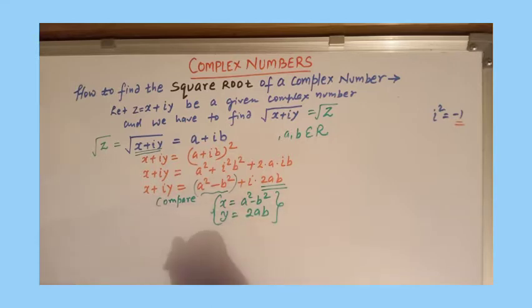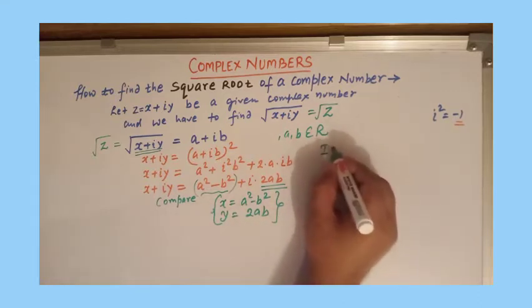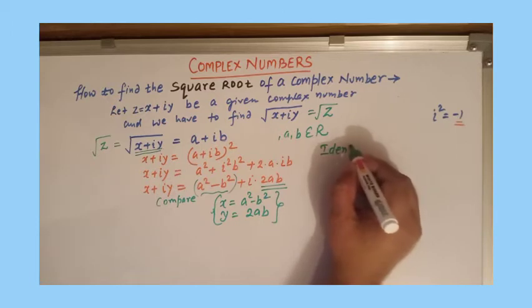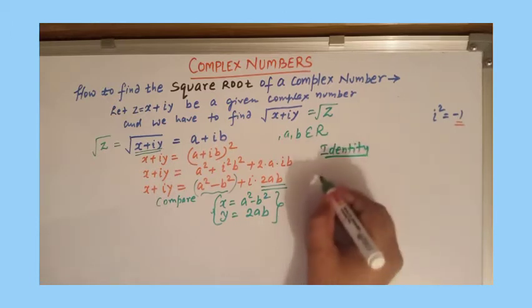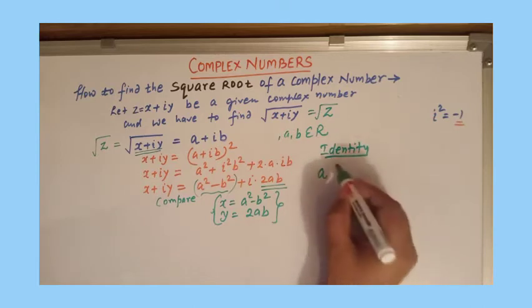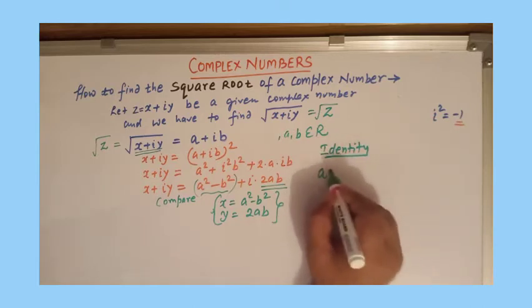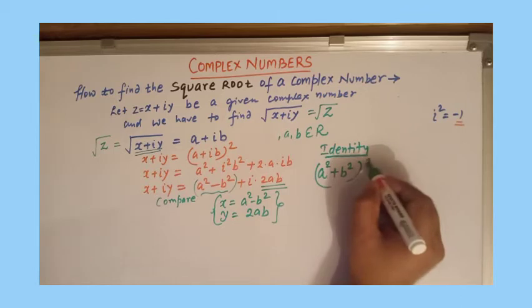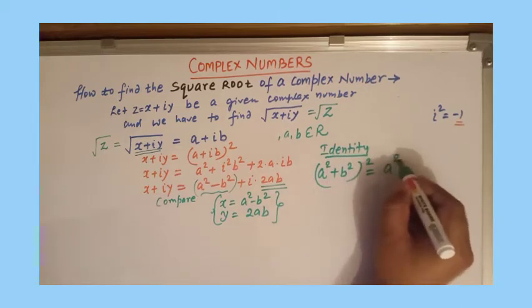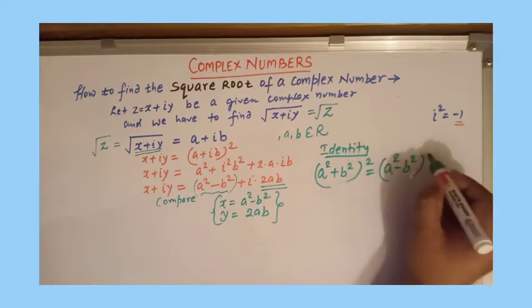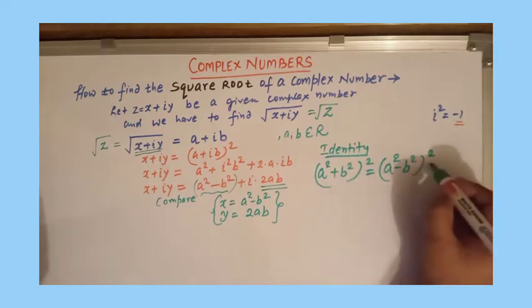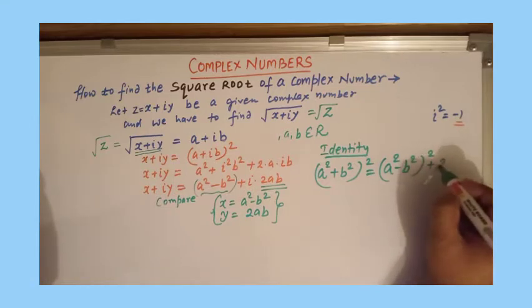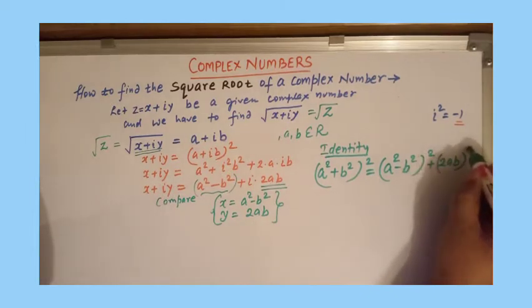Clear? Now here we'll make use of one more important identity, which is given by a square plus b square whole square is equal to a square minus b square whole square plus 2ab whole square.